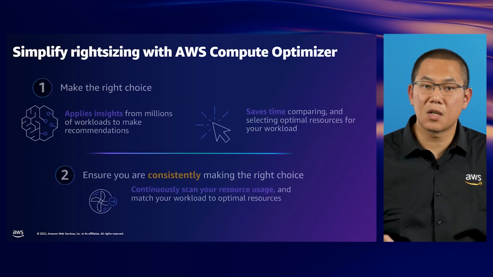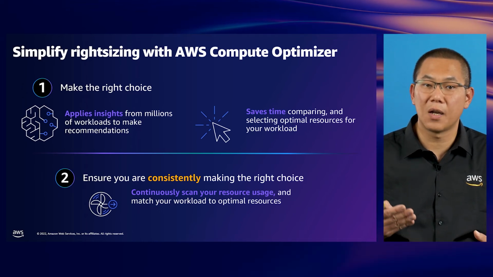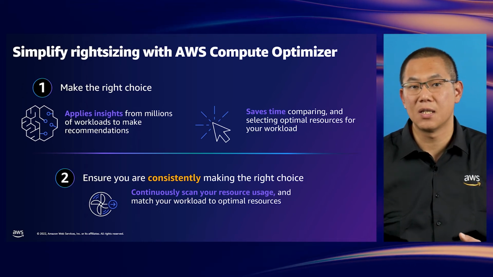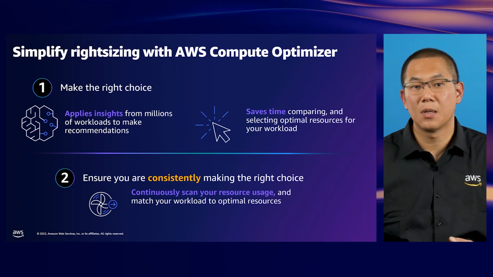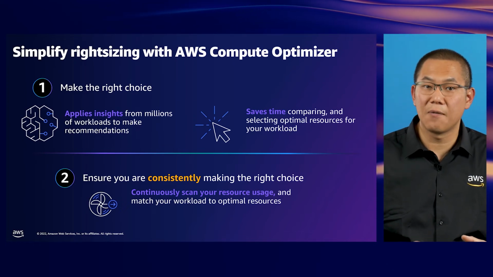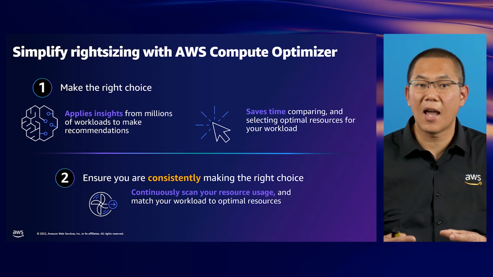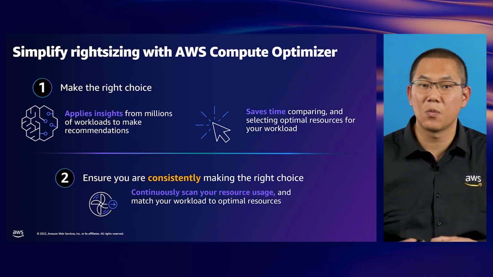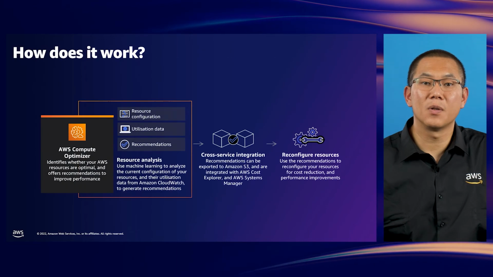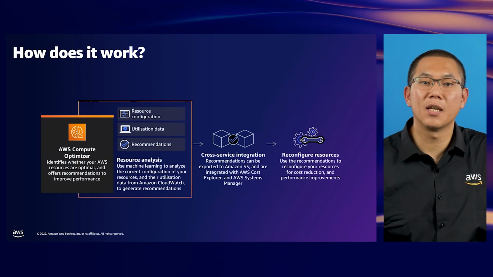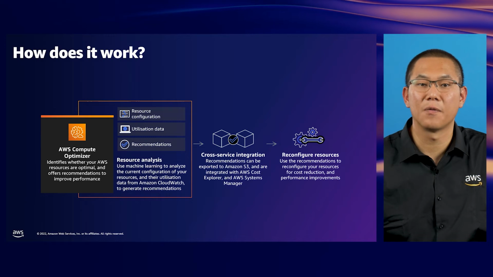This is where AWS Compute Optimizer can help you with your right-sizing effort for compute resources such as Amazon EC2, Auto Scaling groups, AWS Lambda, or EBS volumes. The service allows you to save time from manually performing the activities that we've just described and allows you to access right-sizing recommendations with a single switch in your account. AWS Compute Optimizer will scan your resources continuously and use machine learning to analyze historical utilization metrics and configuration.